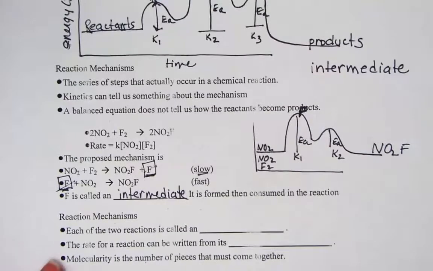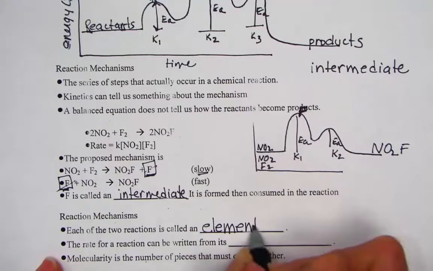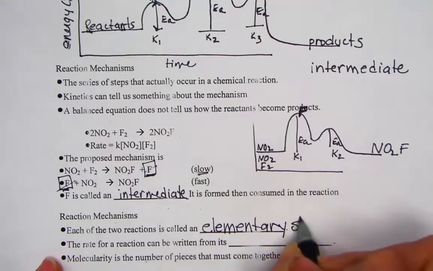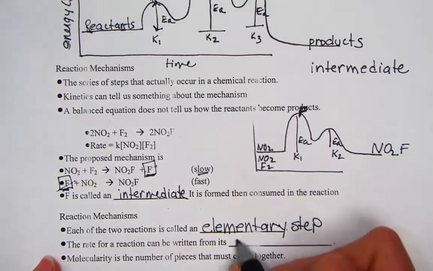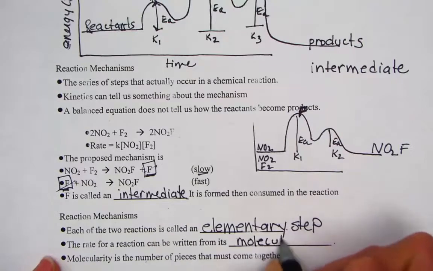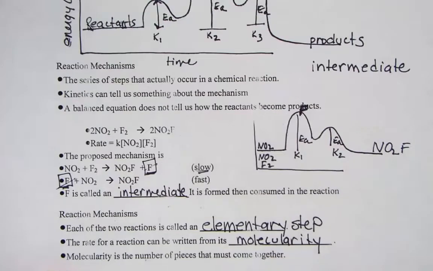Each of these two steps is called an elementary step. The rate of the reaction can be written from its molecularity. In other words, how many molecules are actually colliding determines its molecularity. Molecularity is a term used to describe the number of pieces that must combine together.